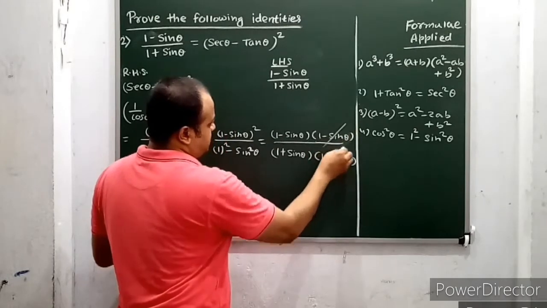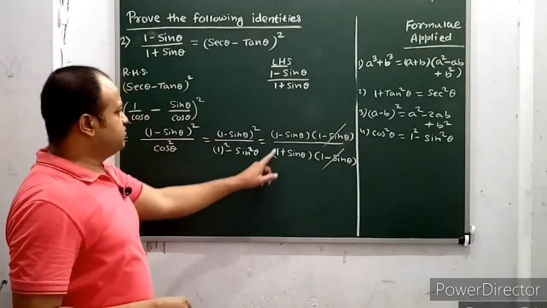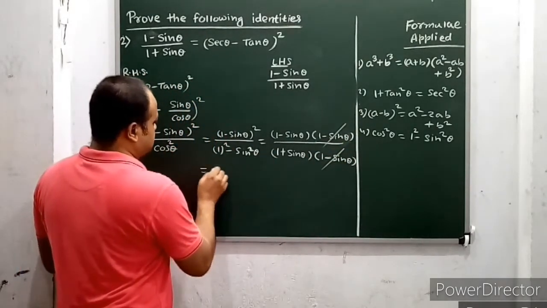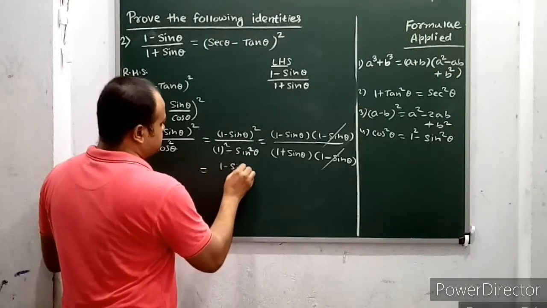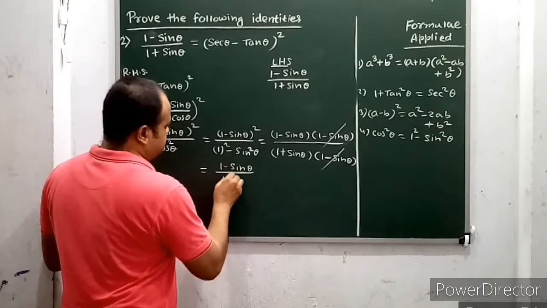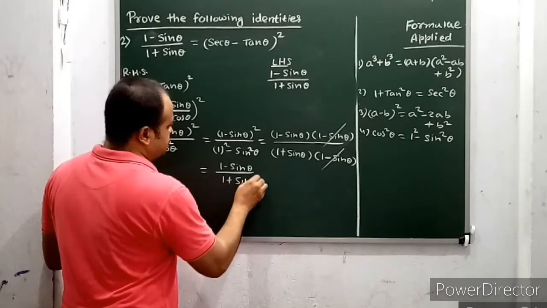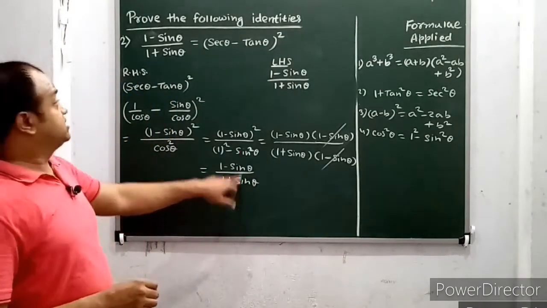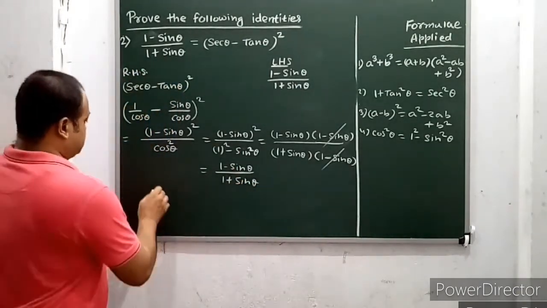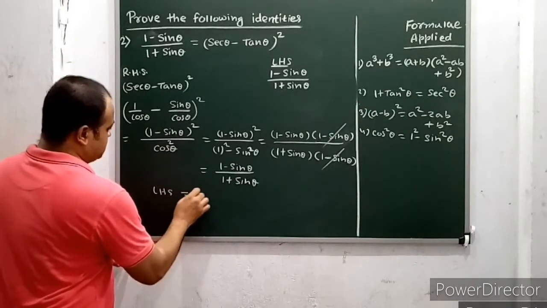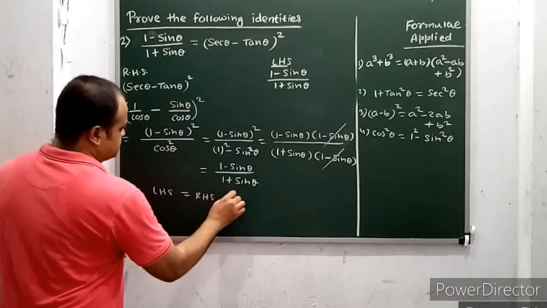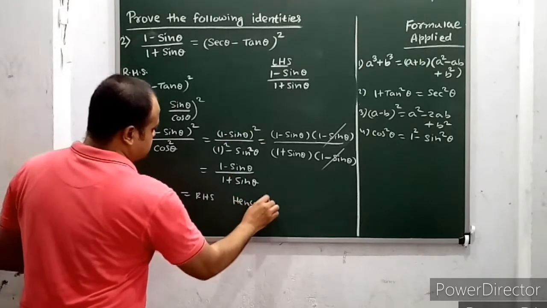See, one part is getting cancelled, 1 minus sin theta, we are left with 1 minus sin theta by 1 plus sin theta. See, this was the left hand side. So LHS equals to RHS. That is proved.